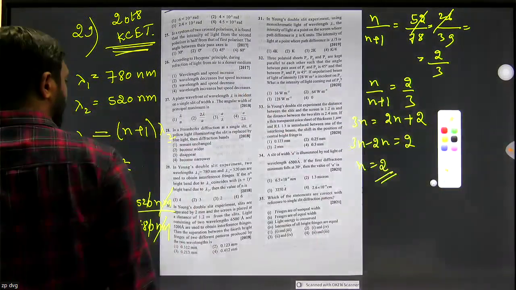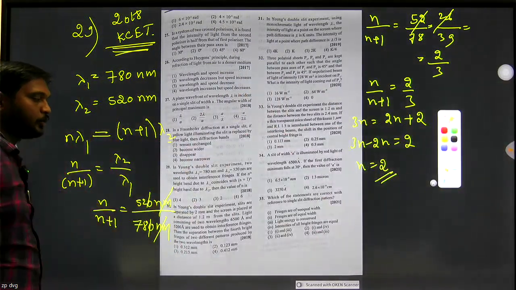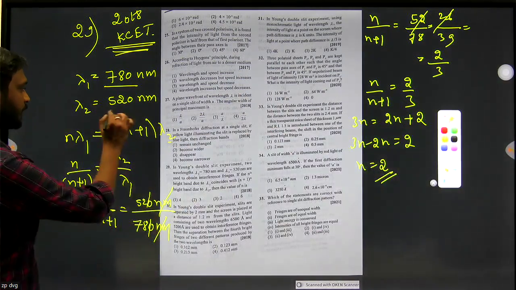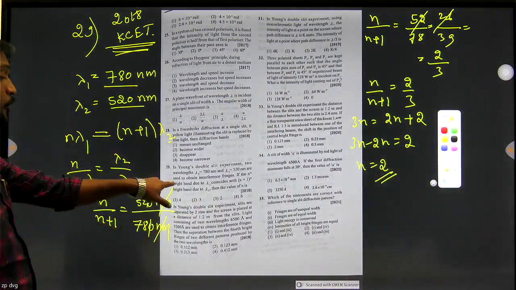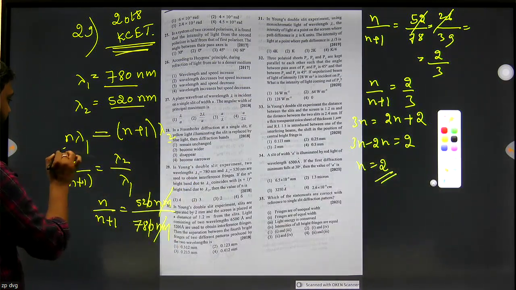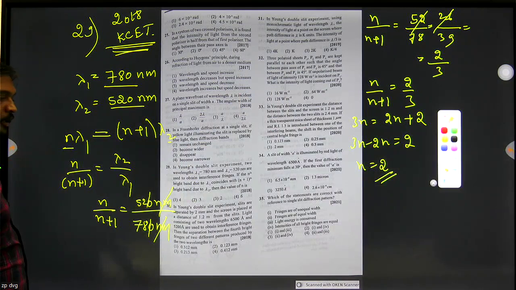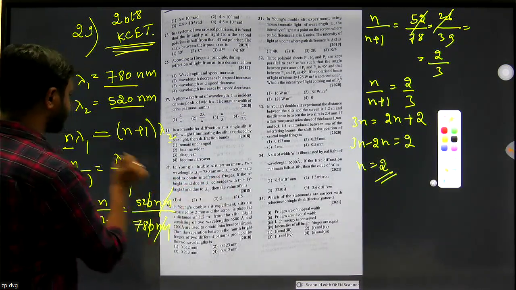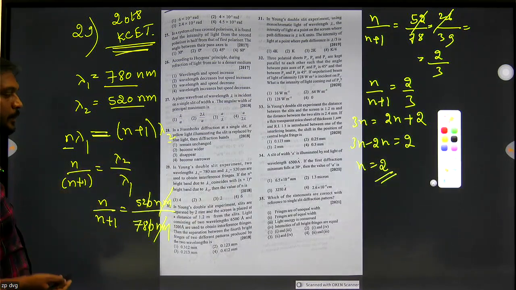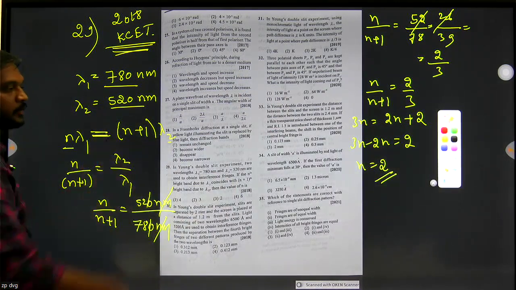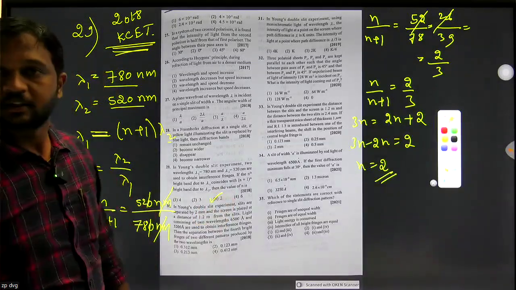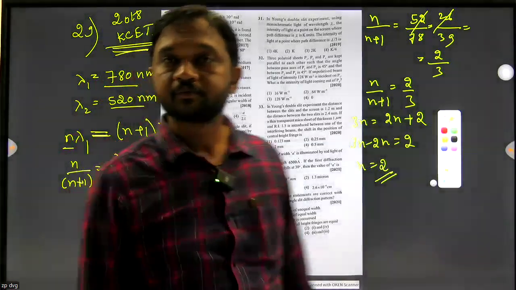In Young's double slit experiment, with lambda 1 780 nanometer and lambda 2 520 nanometer, if the nth bright fringe due to lambda 1 coincides with the (n plus 1)th due to lambda 2, we get n equals 2. So option 3 is correct. Is it clear, all of you?